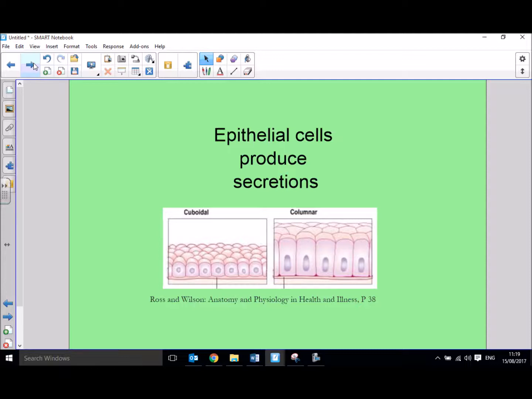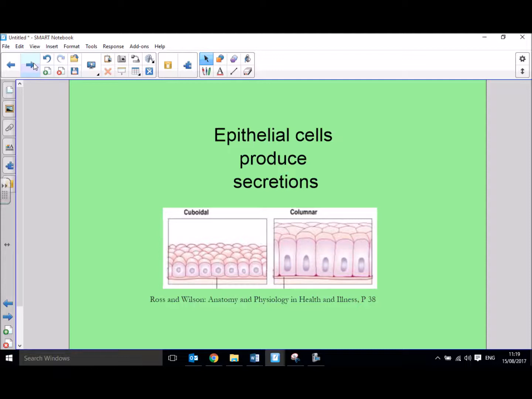The epithelial cells within glandular tissue that produce secretions are simple epithelium, and they're generally either cuboidal or columnar. Producing secretions doesn't really fit with the structure of squamous simple epithelium, so we can take that one out. But cuboidal or columnar, and it really depends on what type of gland it is as to whether it is cuboidal or columnar.